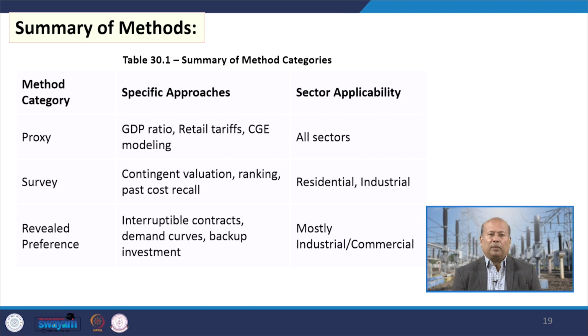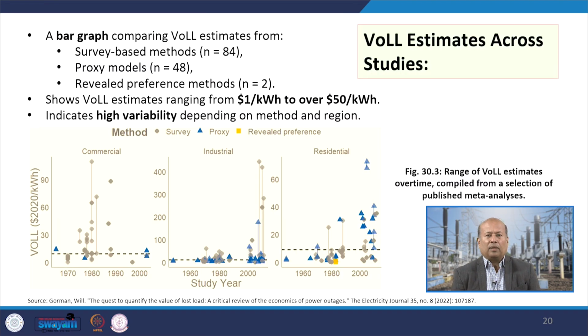And in case of survey method category, contingent valuation, ranking, past cost recall are different approaches mainly for residential and industrial customers. Revealed preference method, which is interruptible contracts, demand curves, backup investment, and applicable to mostly industrial and commercial customers.